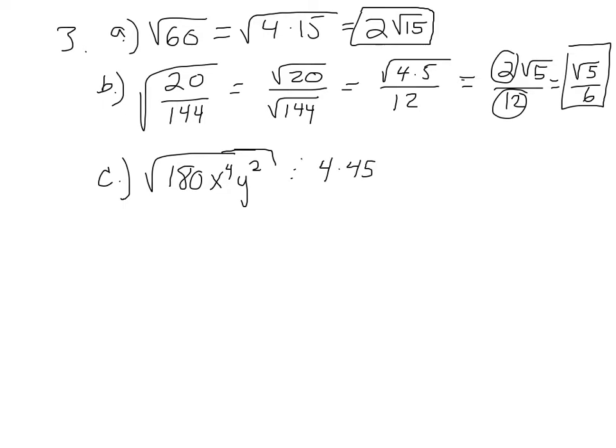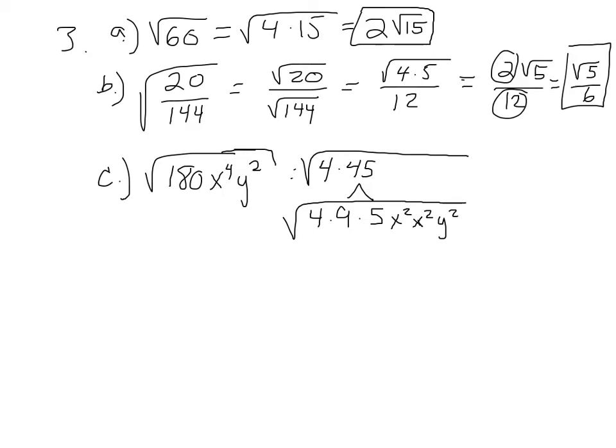There's 4 45s in 180, but if you look at 45, before we go any further, 45 is nothing if it's not 9 times 5. So how about 9 times 4 times 5, that is 180, and you still got x squared, which is x to the fourth, and you've got y squared.